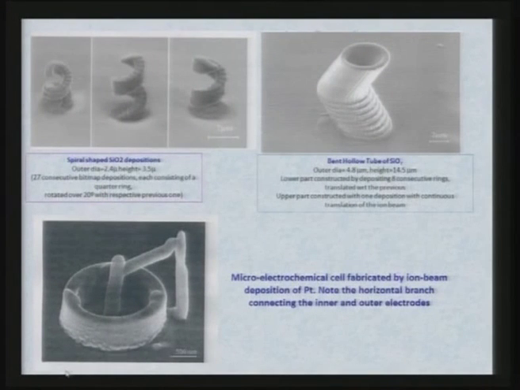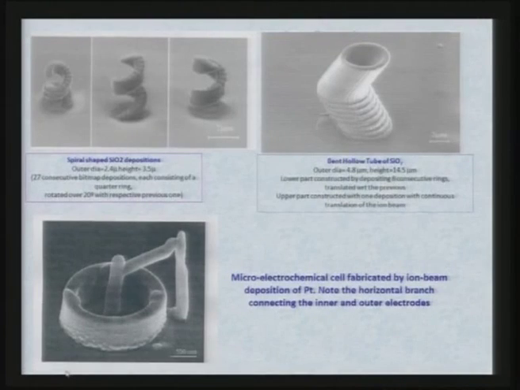Now, these are some of the examples of the products that have been produced at IIT Kanpur. These are the different features of the spring that have been built using focused ion beam setup, and this is another one, bent hollow tube of silicon oxide whose outer diameter is 4.8 micron, height is 14.5 micron, and lower part constructed by depositing conjugative rings translated with respect to the previous one.